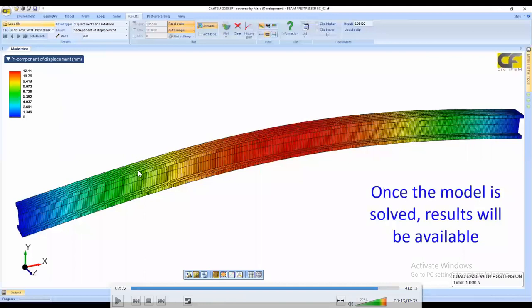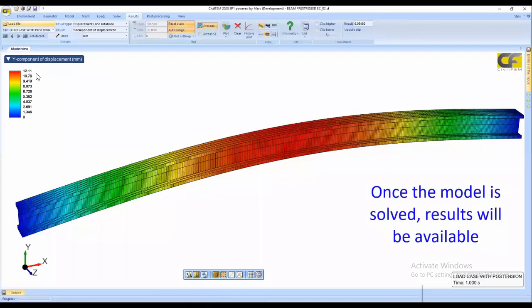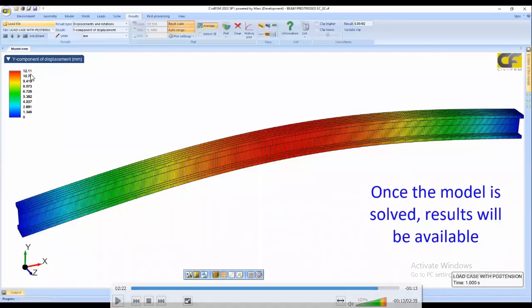Wherein here, the blue ones is not totally stressed, going to green, yellow, and then the red, which is the most stress. So we can find here the stresses. This is there is y component of displacement. So this is in displacement. So 12.11 millimeters yung naging displacement dito nung pinre-stress siya. Okay, yung deflection niya kumbaga.